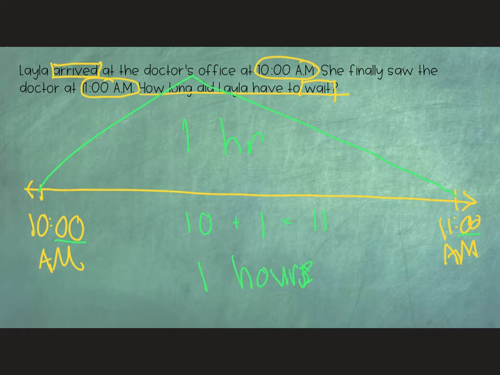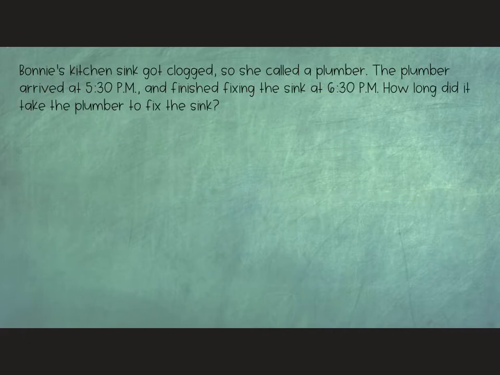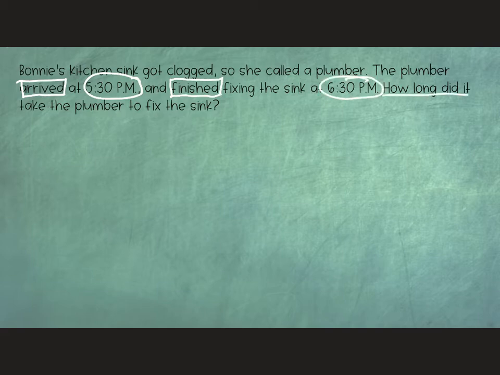1 hour. Bonnie's kitchen sink got clogged, so she called the plumber. The plumber arrived. That's an important word. You have to box important words. The plumber arrived at 5:30 p.m. and finished, that's an important word, fixing the sink at 6:30 p.m. How long did it take the plumber to fix the sink? So they arrived at 5:30, so that'll be our start time, right?